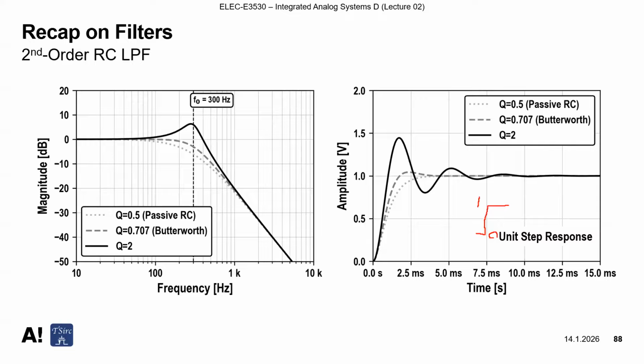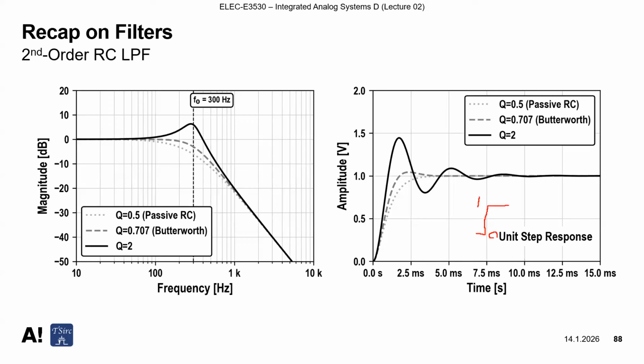And for a Q factor equal to 2, it has some kind of gain peaking, we call this phenomenon gain peaking. And in the time domain, when we set the Q factor equal to 2, the gain peaking causes some ringing when we apply the unit step response.